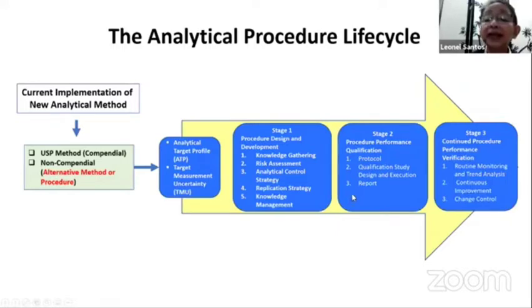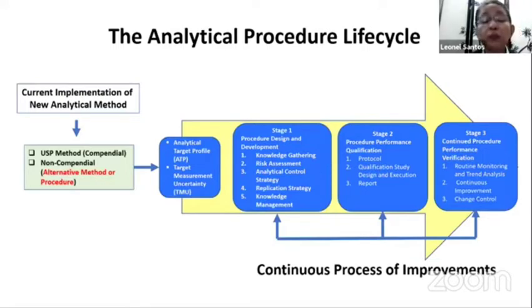And then finally, stage 3, which is termed as the continued procedure performance verification. Again, it has 3 elements. These 3 stages, stage 1, 2, and 3, are all interconnected with each other, so as to provide a continuous process of improvement. So it's not one way, but it could cycle back and forth.